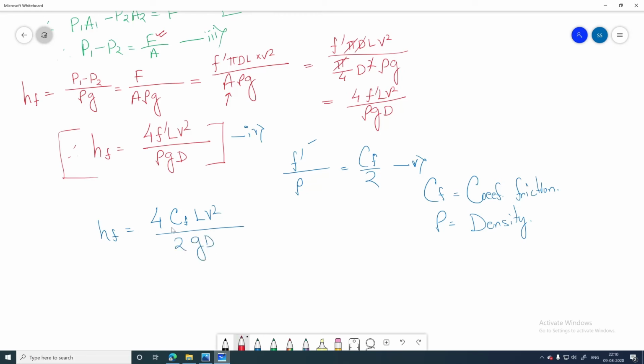Okay, and here this term 4 into CF is actually denoted by small f, and this small f is nothing but the Darcy's friction factor.